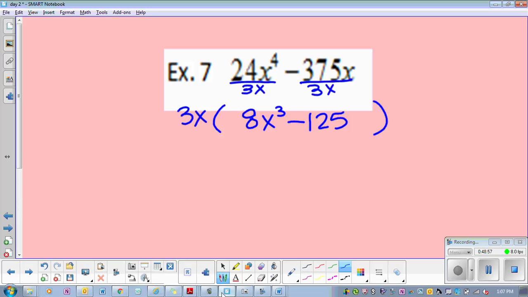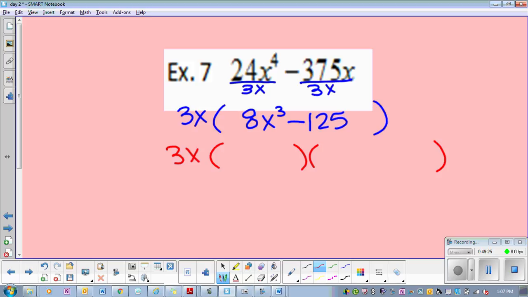And then can I SOAP it inside? Yeah. So don't forget to bring down your GCF. And I'm going to do that right now, so you don't forget.